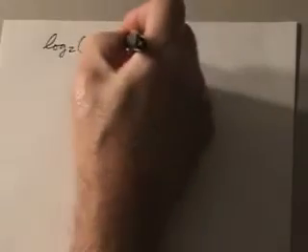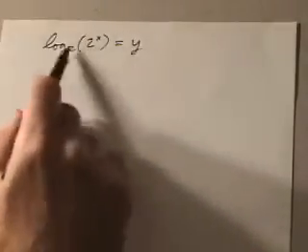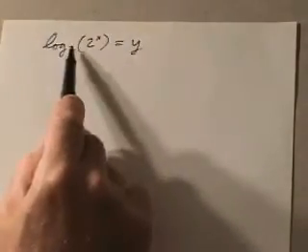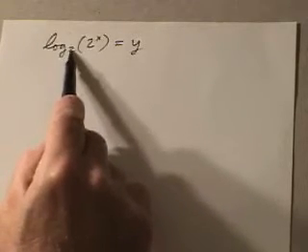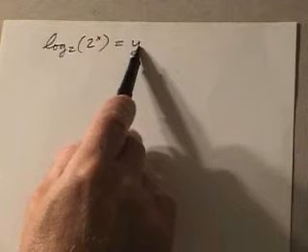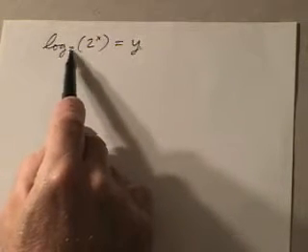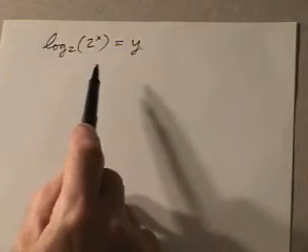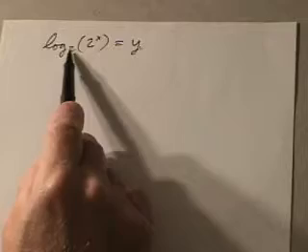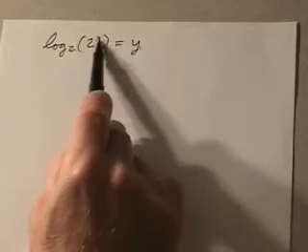If you don't know what it is, call it y. But what this says in English, if you read it, is that the exponent, that's what logarithm means, where the base is 2, is y, and the answer would be 2 to the x. Well, the only thing y can be is x.